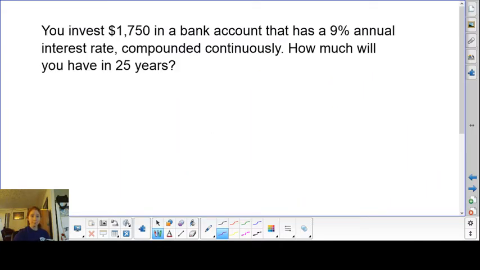Alright, you invest $1,750 in a bank account that has 9% annual interest rate compounded continuously. How much will we have in 25 years?